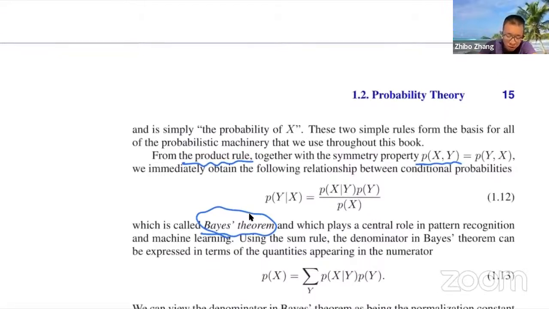This formula is really important. A lot of machine learning algorithms are developed on top of this principle.